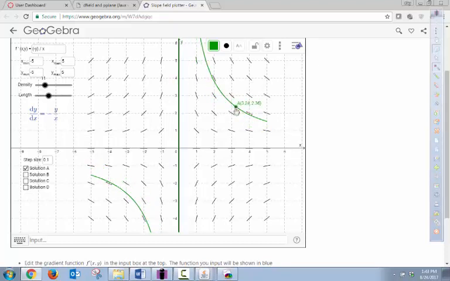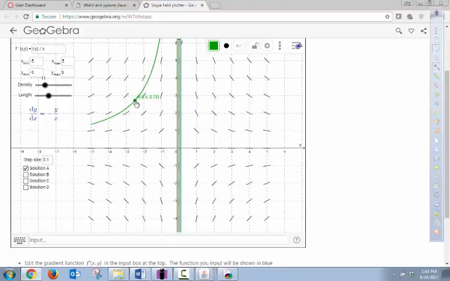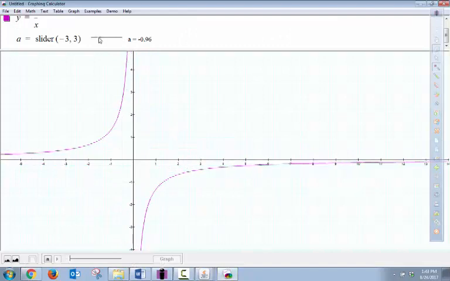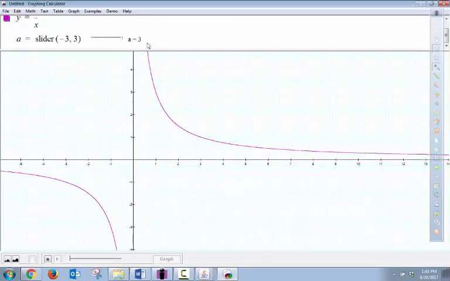Notice when I move things around, we see something in the first quadrant, but we also see something popping up in the third quadrant. And if I move over here, we see something in the second and fourth. Just like the graphs that I'm seeing here, it looks like we're seeing something in the first and third, second and fourth quadrant, right?